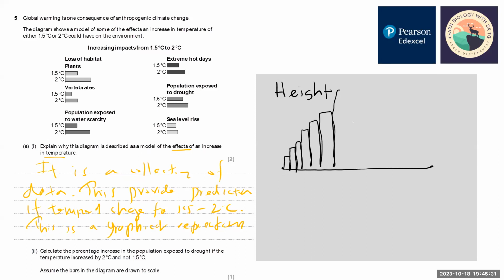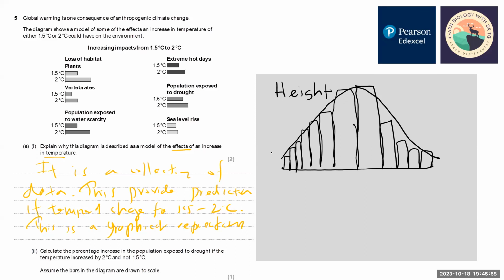Then in the middle, I should have the same thickness of the bar, but just like this. Okay. So if we line up all the frequencies of the short and tall people in the population, and each bar is attached, that means it touches the other one, this now becomes a histogram like this.